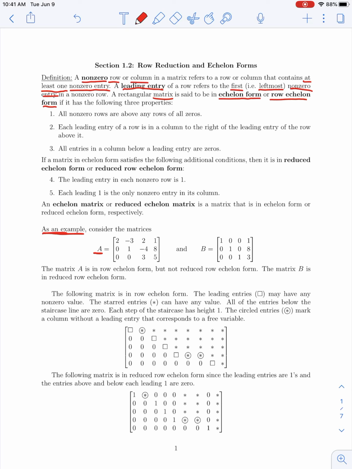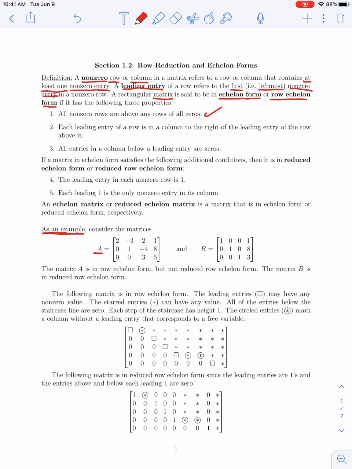The first condition was all non-zero rows are above any rows of all zeros. And as we can see by looking at the rows of A, it doesn't have any zero rows. So it automatically satisfies our first condition. We're told that each leading entry of a row is in a column to the right of the leading entry of the row above it.